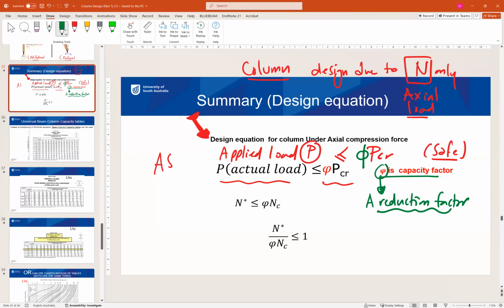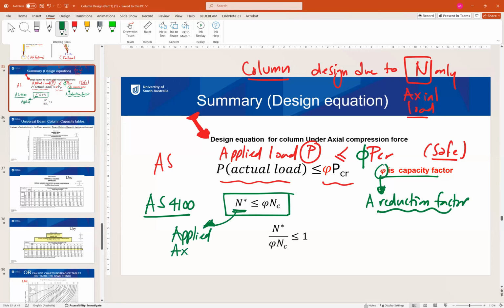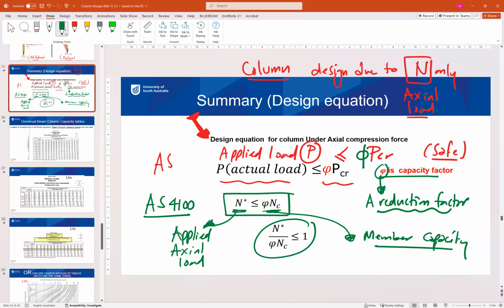So this means that N should be less than phi N critical, or in other words, using the standard, N asterisk, the applied axial load, should be less than the member capacity. It can be written in a different form to make the member safe: N asterisk divided by phi Nc should be less than or equal to 1.